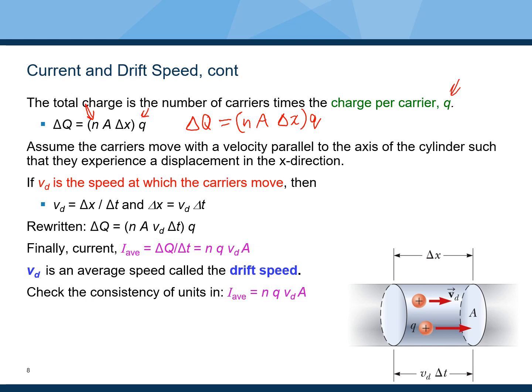Now notice that if I have an electric field that is applied to this conductor, or it could actually be a semiconductor, then this electric field will induce a certain amount of drift velocity in the free charges that are moving in that conductor.